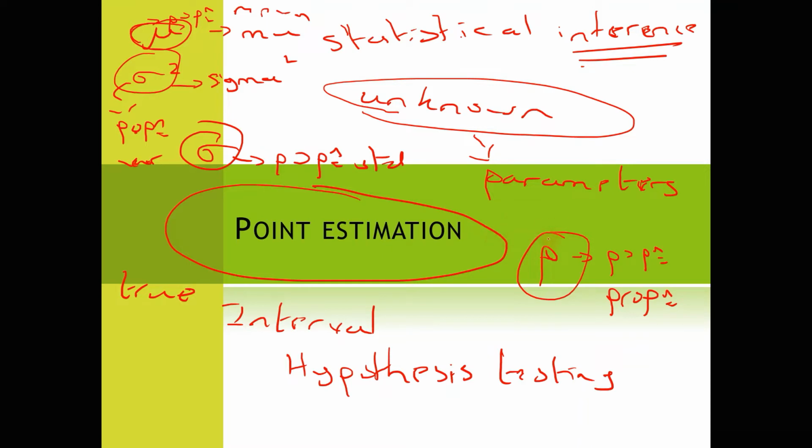We want to estimate them through a sample. Here we want to estimate these different unknown quantities, referred to as parameters, through some measure that we will refer to as statistics. We will also refer to them as point estimators, which I'm going to get into in a moment.